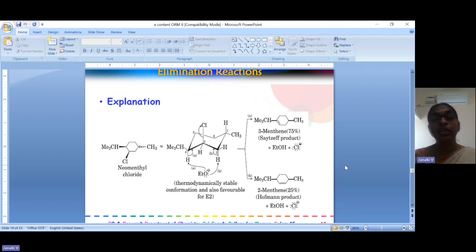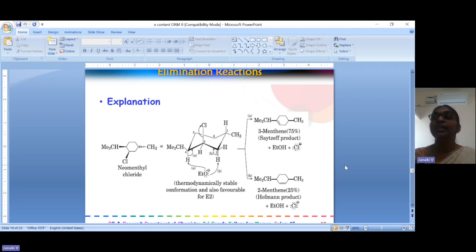So here the neomenthyl chloride is a thermodynamically stable conformation, and it is also favorable for E2. In addition to that, in the case of neomenthyl chloride, you can see in this slide that the chlorine is present in the axial position, and similarly two axial hydrogens are present, one at the C2 position and another at the C4 position.